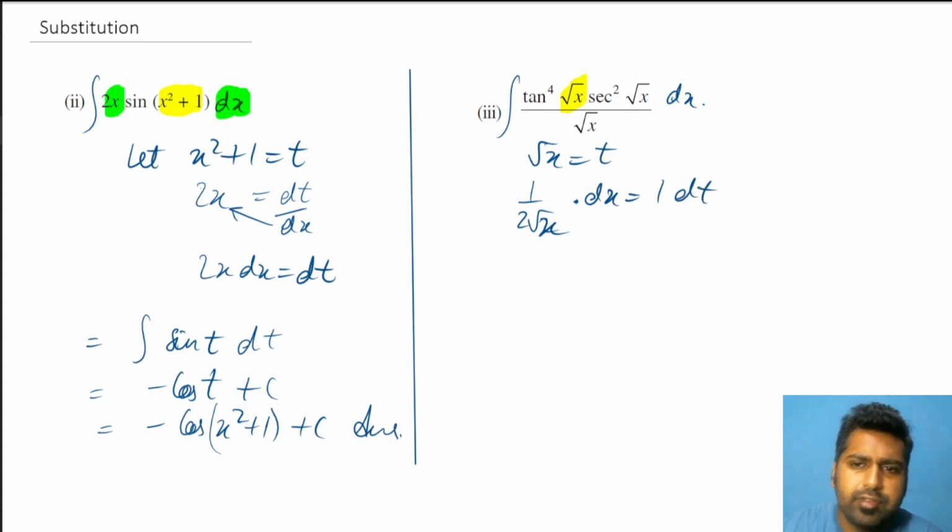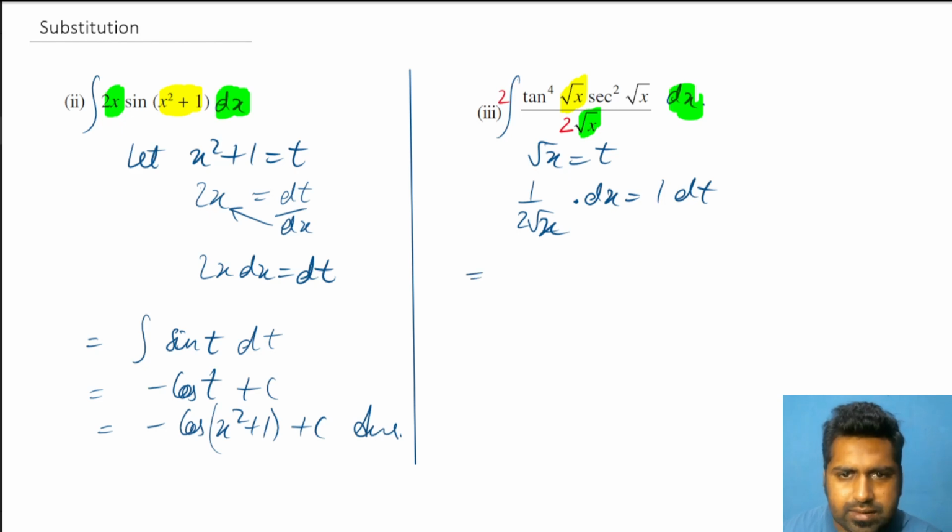If you look at this, see, dx and root x are already present. What is the thing that is required here? We require 2 here. So we put 2 in multiplication with this, and in order to do the adjustment, I have to put another 2 in the numerator also.